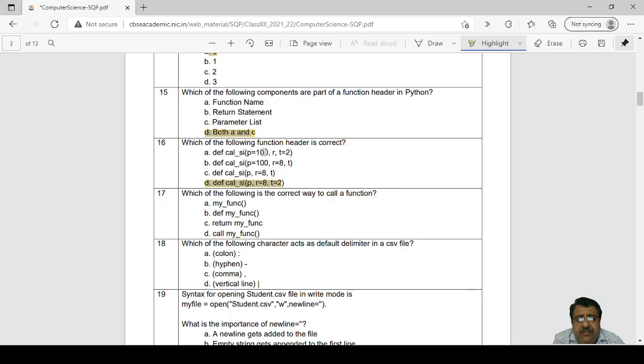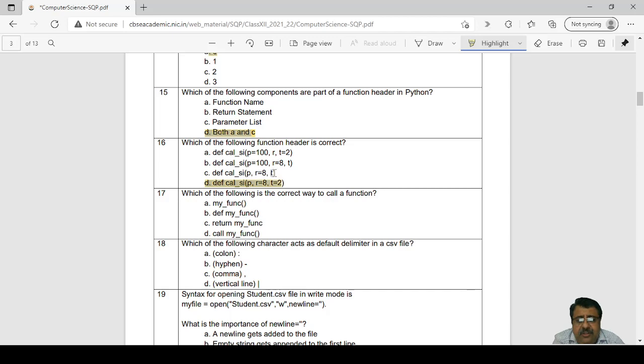In the first one, we are having a default parameter before a positional parameter. In the second also, we have the same problem, and in the third also, we have the same problem. That is, we are having a default parameter before a positional parameter.